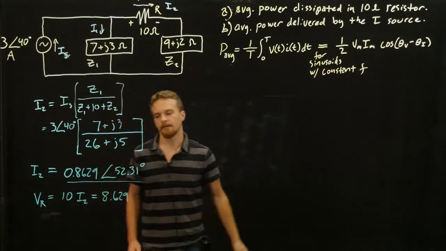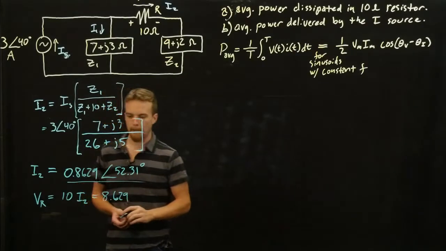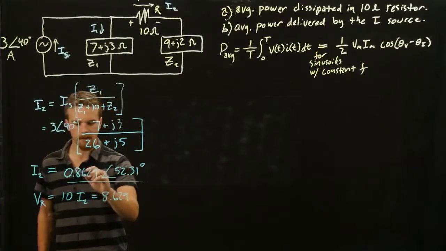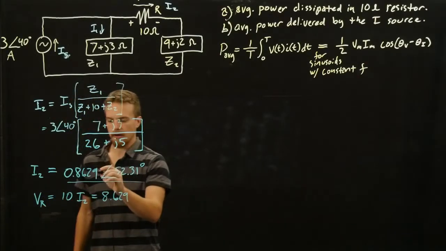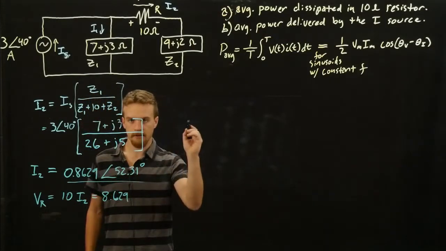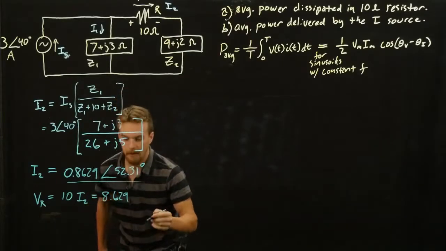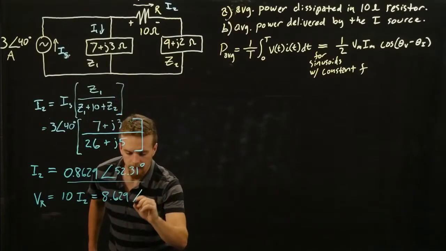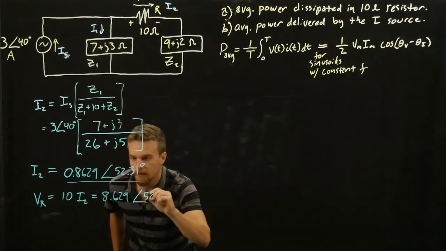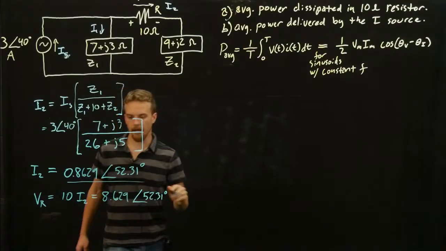When you multiply a complex number by a constant, we could think again of this being a radius at a certain angle. When we multiply it by a constant, we change the radius length, but we don't change the angle at all. So we would have the same angle and the amplitude multiplied by 10, at 52.31 degrees.